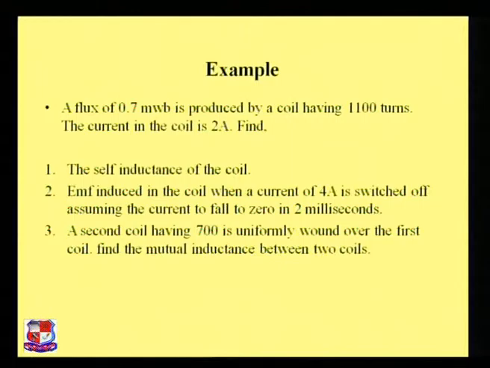First is the self inductance of the coil, which is L. The second is the EMF induced in the coil when a current of 4 ampere is switched off, assuming the current falls to 0 in 2 milliseconds. And the third is the mutual inductance, and the second coil is given as 700 turns.